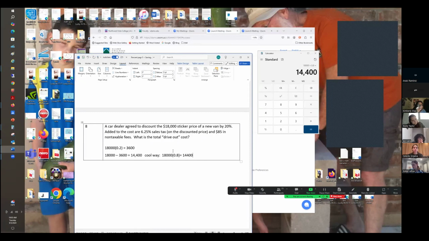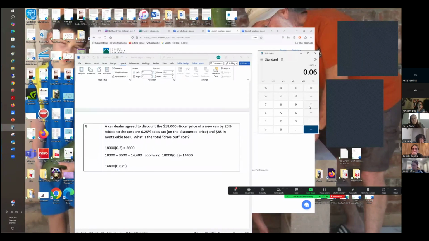Okay, the other thing that we're going to do is add 6.25% tax. Well, you can take 14,400 and multiply that by 0.0625. This is painful. And you get 900 bucks.